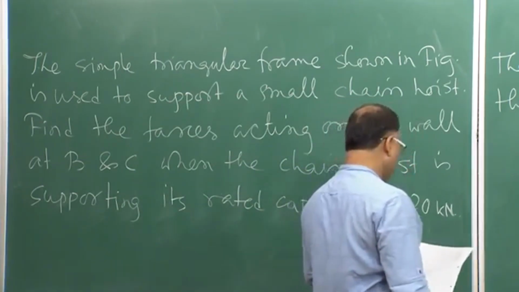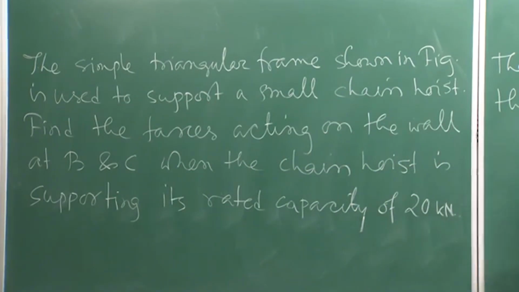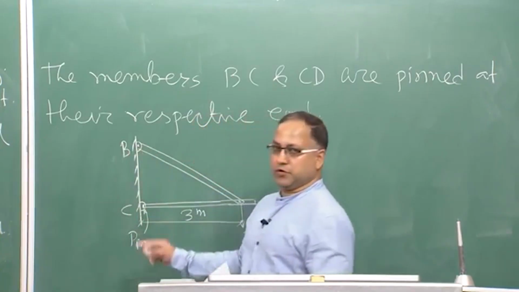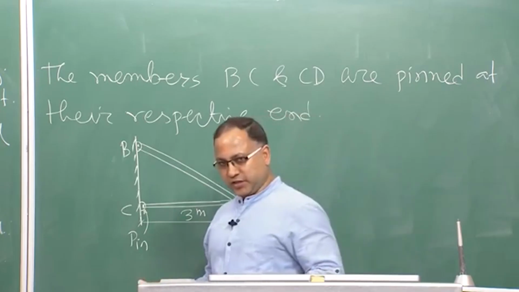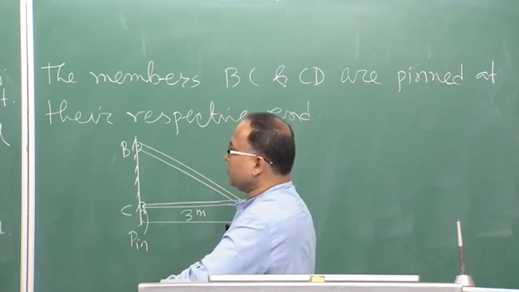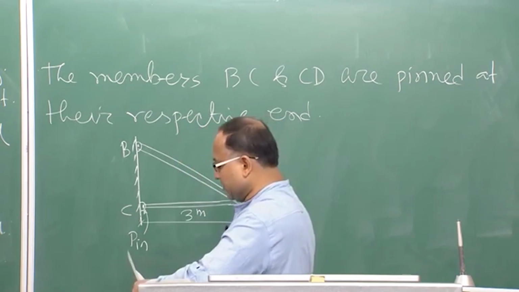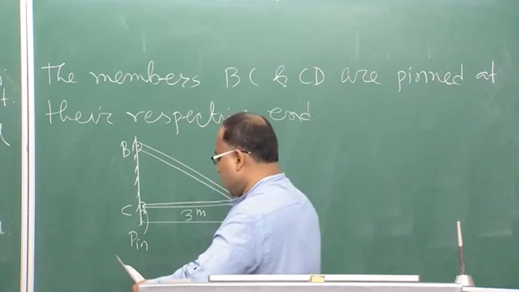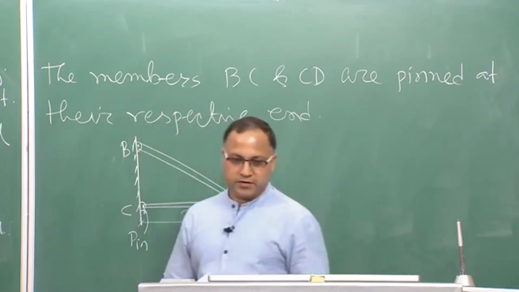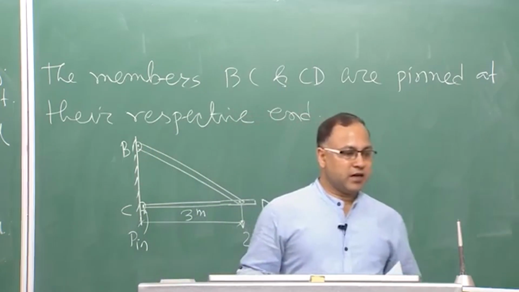So, what are the things you have to find out? Find the forces acting on the wall at B and C. So, you need to find out the reactions developed at points B and C when the chain hoist is supporting its rated capacity and the joints are pinned.